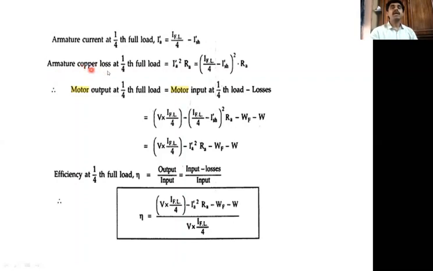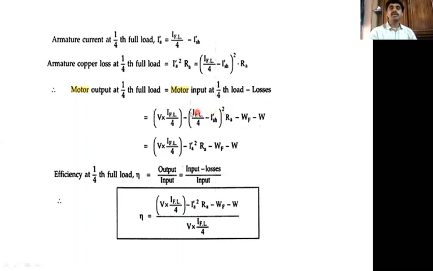Therefore, armature copper loss at 1/4 of the full load is equal to Ia dash square Ra, that is equal to (IFL by 4 minus ISH dash) whole square into Ra. Therefore, motor output at 1/4 of the full load is equal to motor input at 1/4 of the load minus losses.